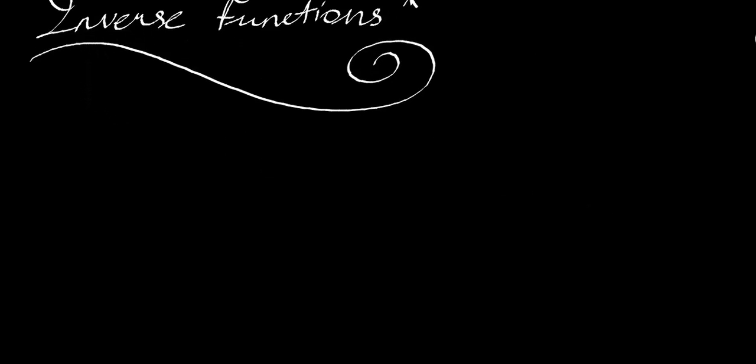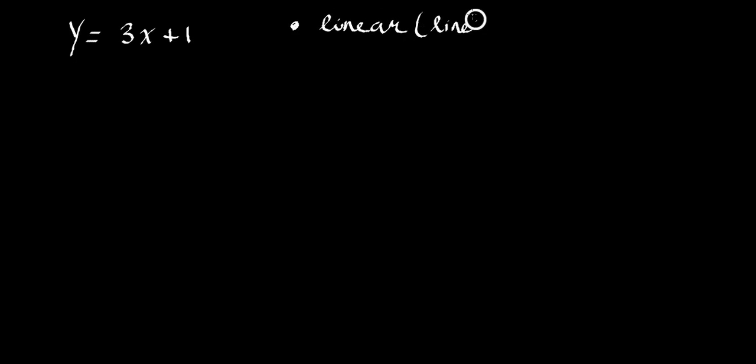So, let's start. Let's analyze the function 3x plus 1. You may or may not know, but let's look at the properties. It's just a linear function, meaning it's a line.